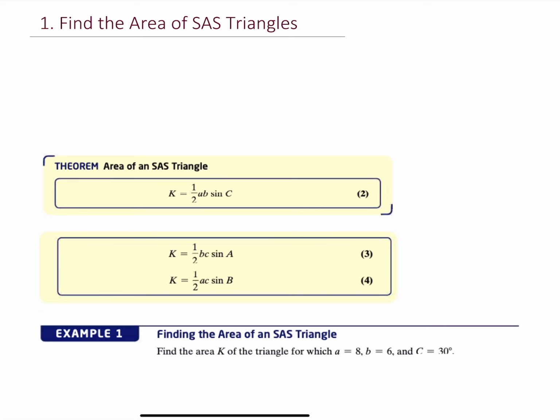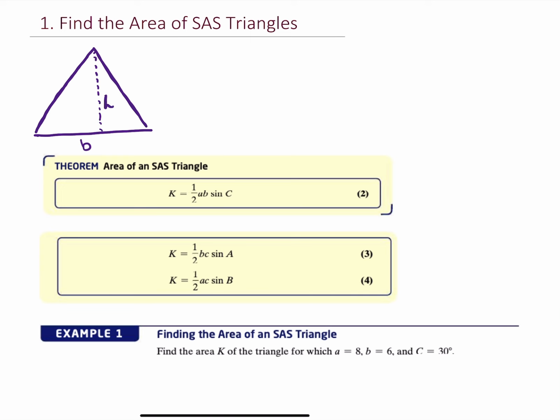So we have our formulas here, but let me draw out our situation. So let's imagine a non-right triangle. So we can call this the base. That means this distance would be the height.